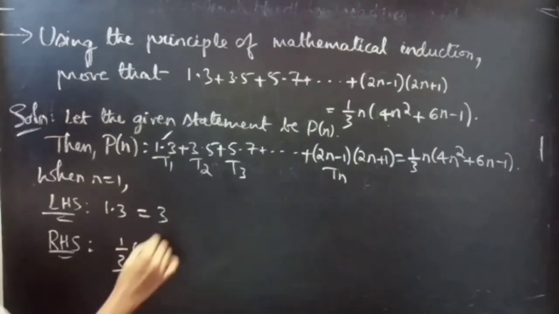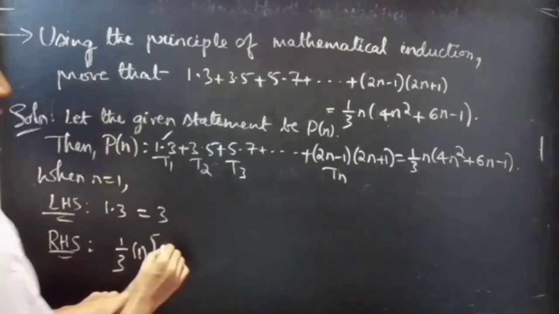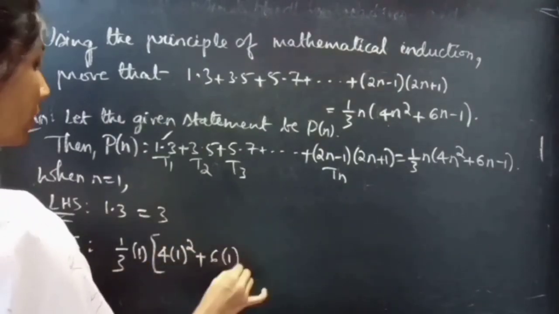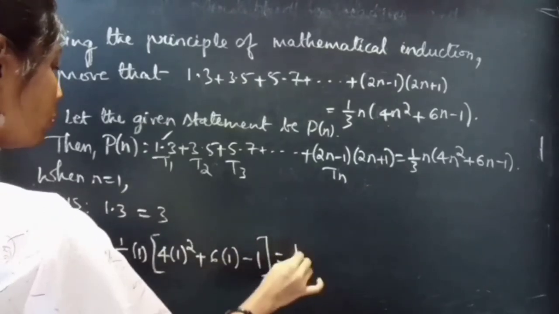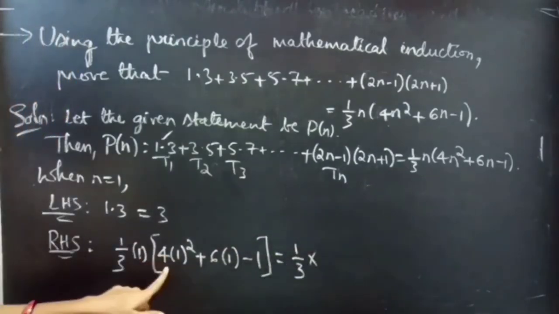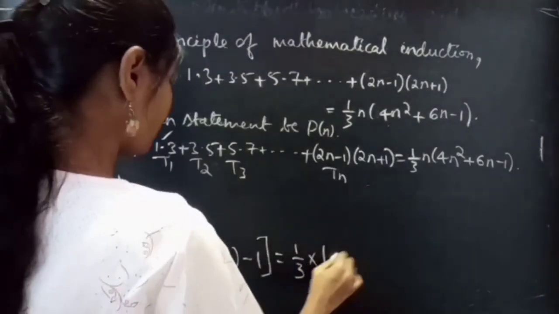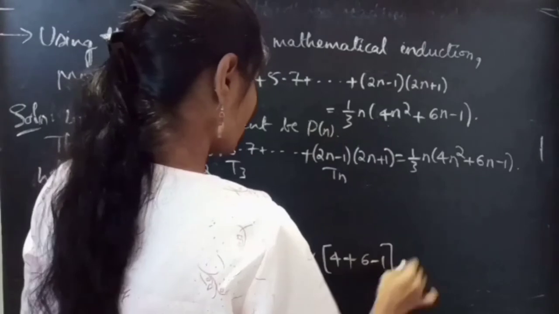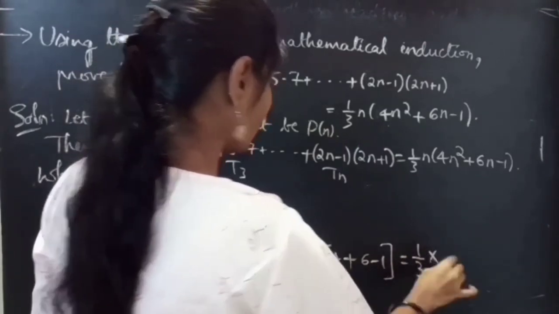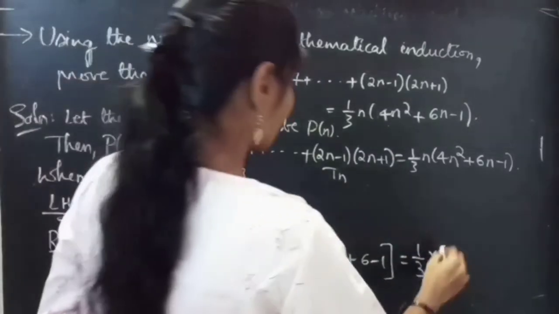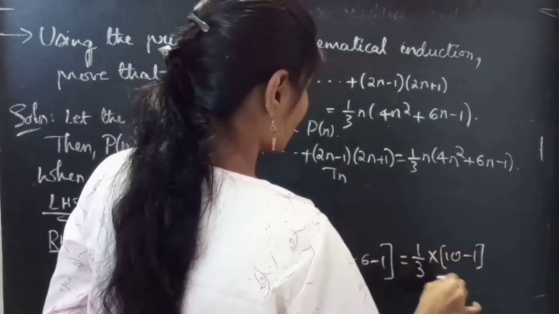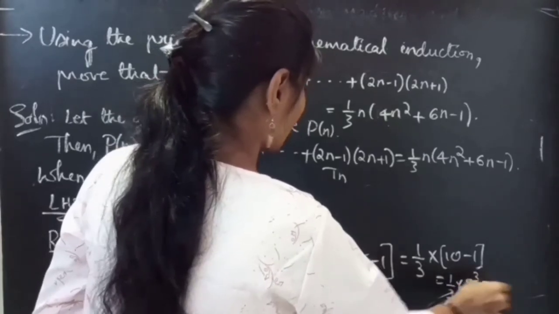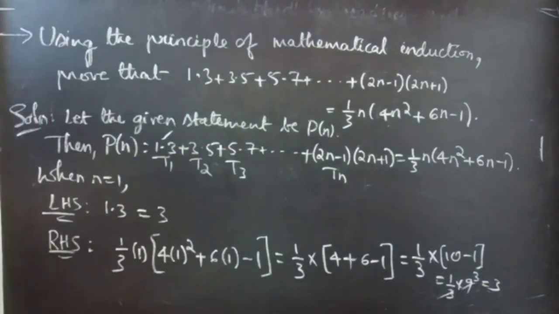Now coming to RHS, when n equals 1, you'll get 1 by 3 into 1 into (4 into 1 square plus 6 into 1 minus 1), which is 1 by 3 into (4 into 1 square is 4, plus 6 into 1 is 6, minus 1). This is 1 by 3 into (4 plus 6 is 10, minus 1), which is 1 by 3 into 9. 3 ones are 3, 3 threes are 3.